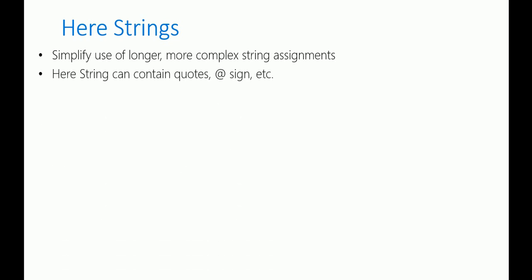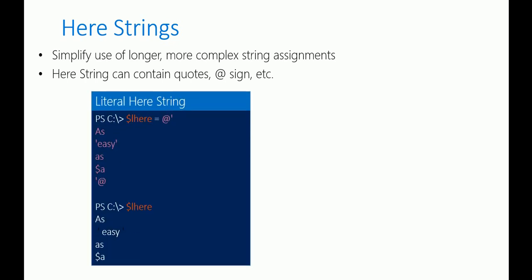What if we have multiple variables, and in the output we would like to print them all? That comes under the here-string. A here-string can contain quotes or the at sign, etc. If you are using the at sign and you use single quotes, your value will not print, only the variable name, directly it will print $A.